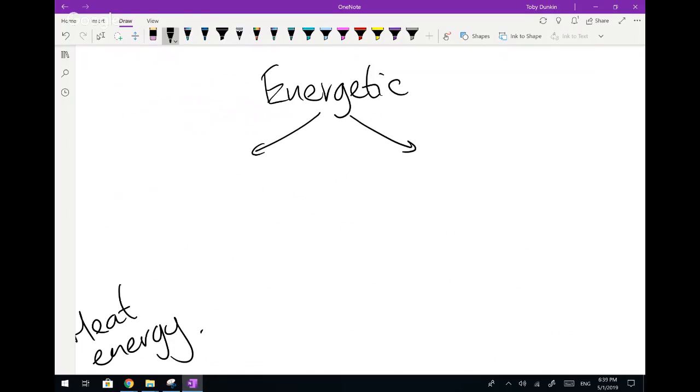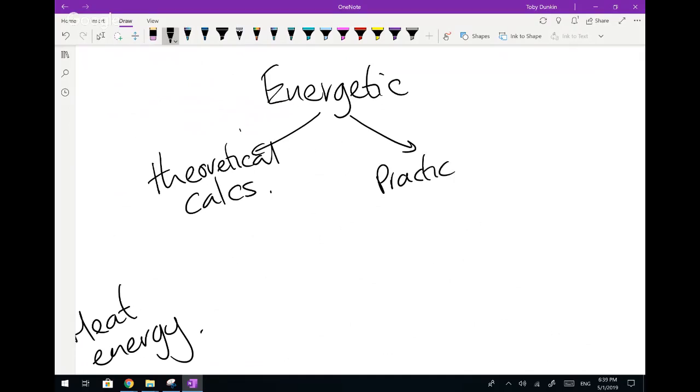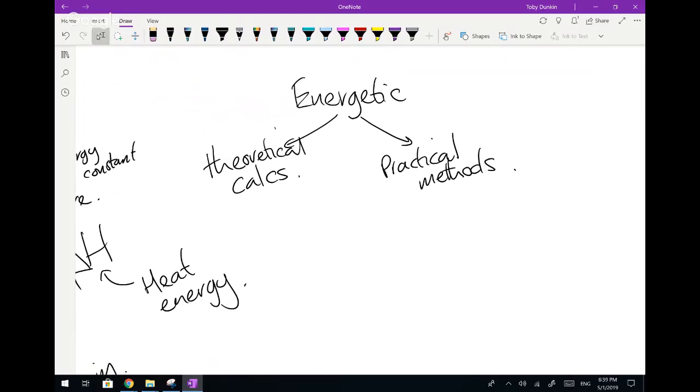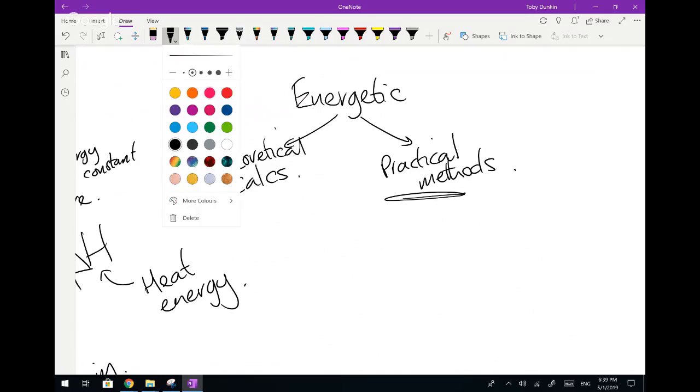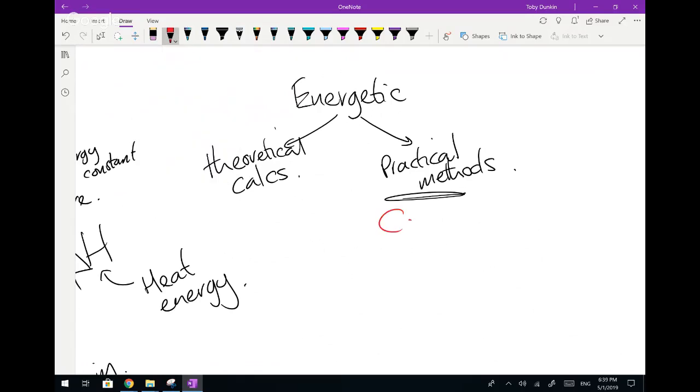We have theoretical calculations, calcs, followed by practical methods. At that point, I add in some more words, and I'll change my color for this. The practical methods are commonly now referred to as calorimetry.